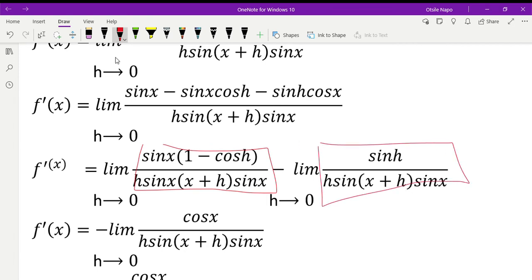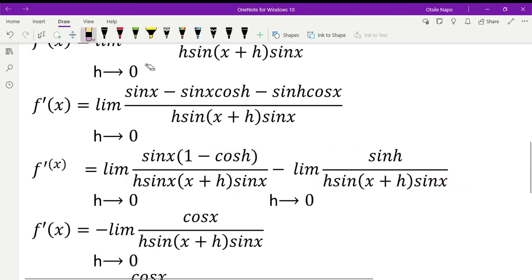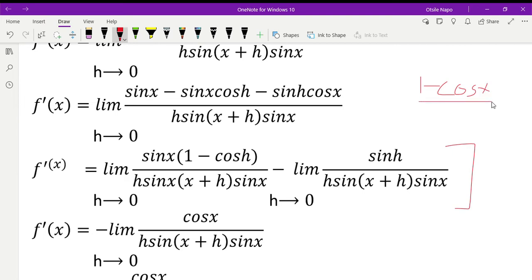So now you need to remember the rules of limits. There are two special limits we are looking for in this case. The first limit is 1 minus cos of x, it might be x or any variable, divided by that variable.